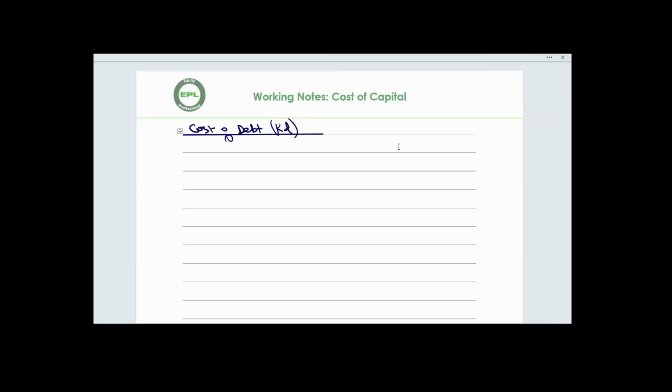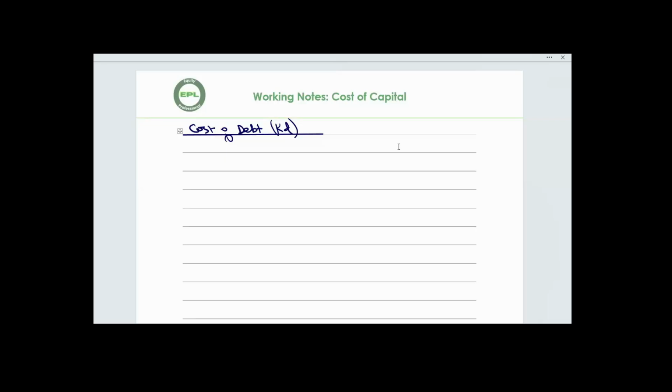All right, so when you talk about debt, cost of debt represents the compensation required by the providers of debt capital. I repeat, cost of debt represents the compensation required by the providers of debt capital. When a company borrows, there's interest attached to that loan because the loan is not for free.